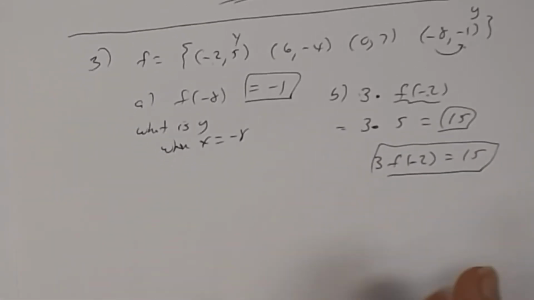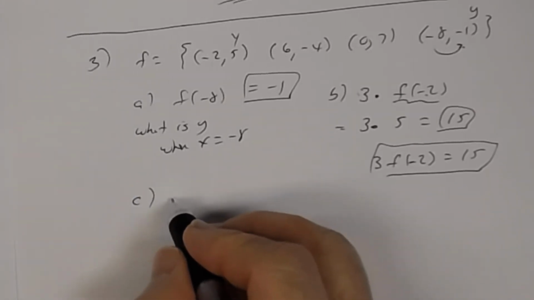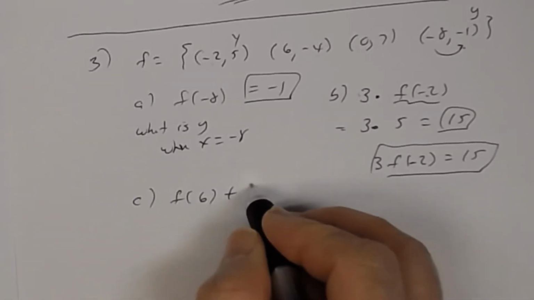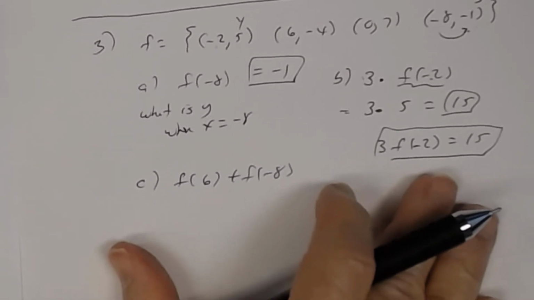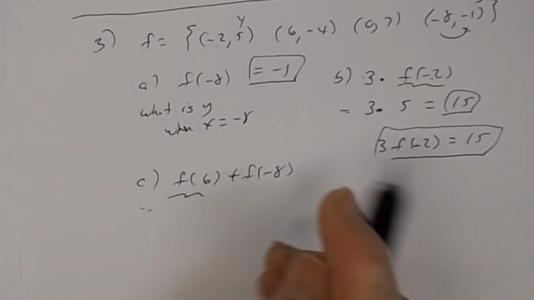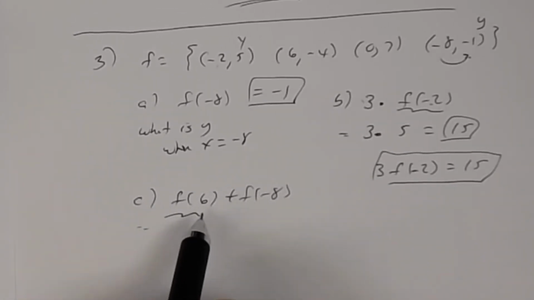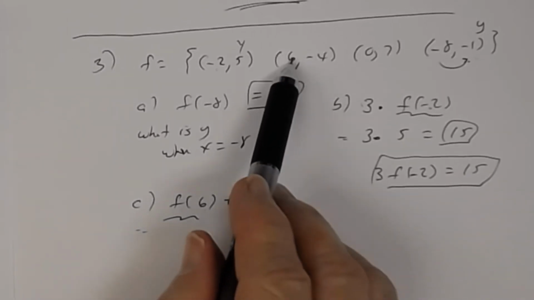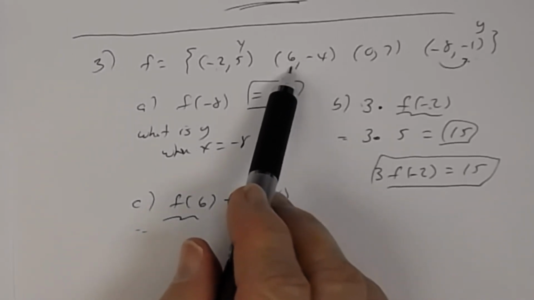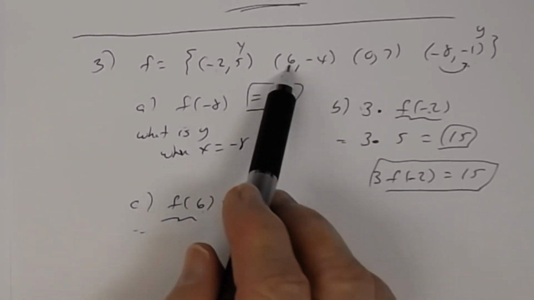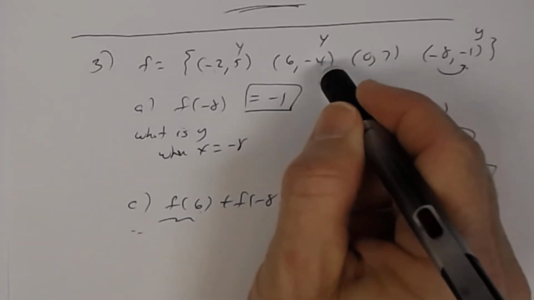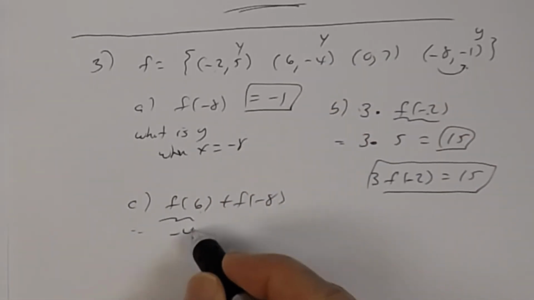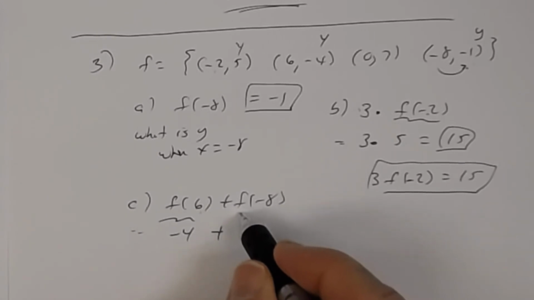That's all that is. C, you want to find f of 6 plus f of -8. Well, that's an easy one as well. f of 6 means what's the y value when x is 6? When x is 6, that's this point here. So the y value is -4. So that's -4 plus, now we find f of -8.